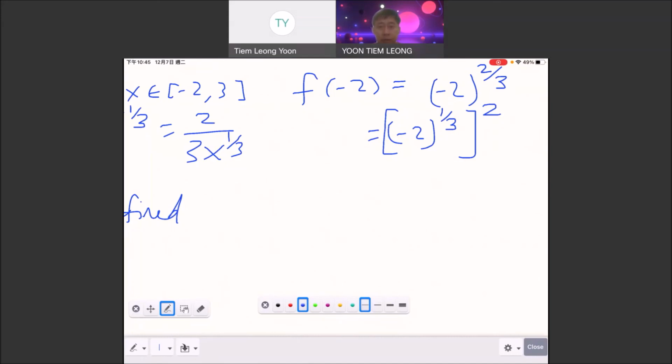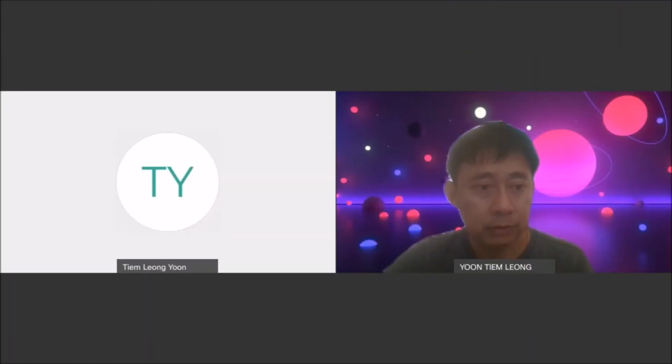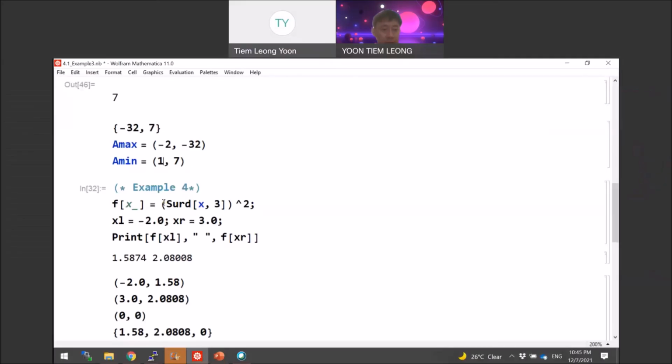So let me share the screen for my Mathematica. So this is the Mathematica screen. I have a function which is surd 3, where surd 3 refers to x raised to the power of 1/3. Then x to the power of 2/3 is just the surd 3 of x raised to the power of 2.